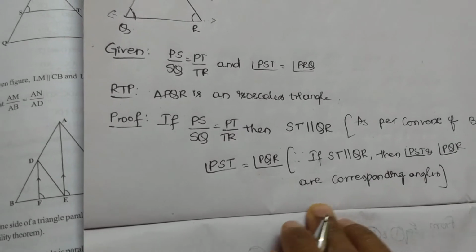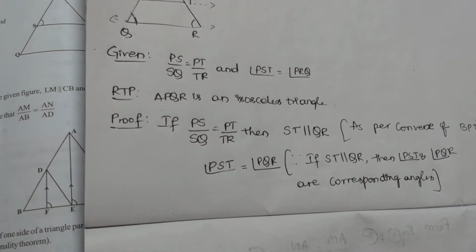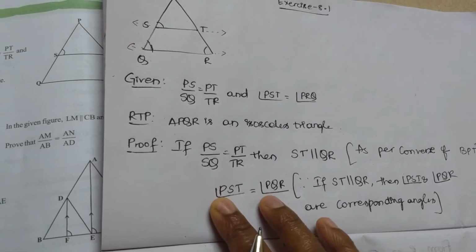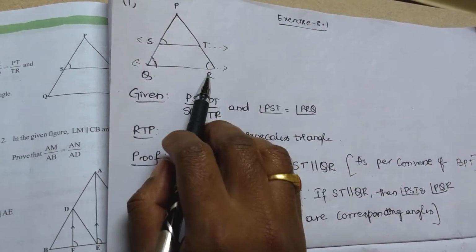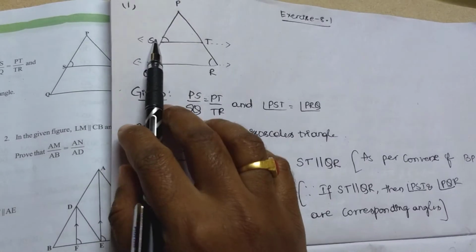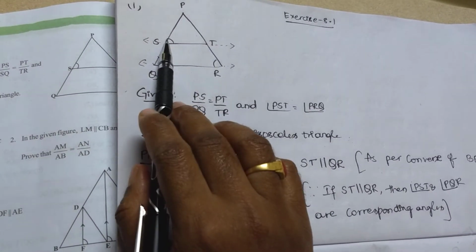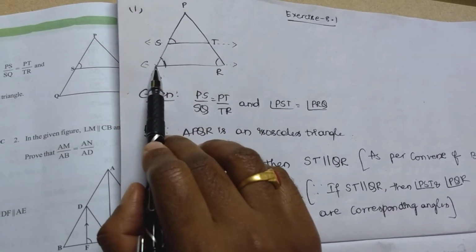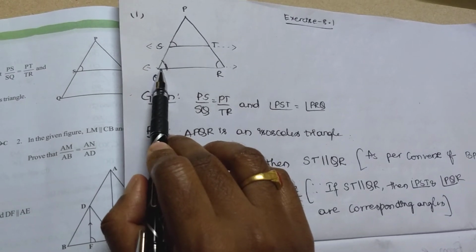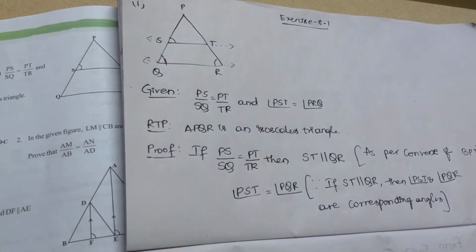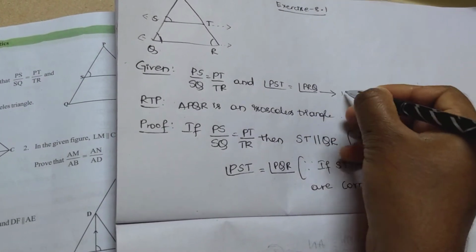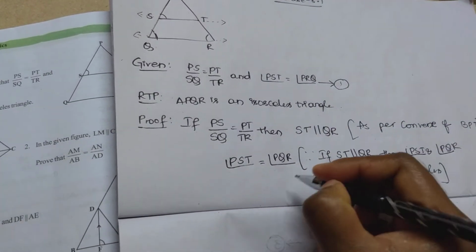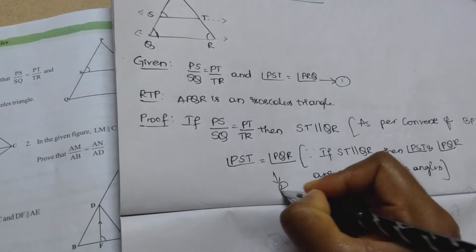We have learned in class 9 that when two lines are parallel, corresponding angles are the same. Here they have given the angle R value and angle S value are the same. From the condition of corresponding angles, we got to know that angle Q value and angle S value will be the same. I'll tell you how. Put this as equation 1 and this as equation 2.